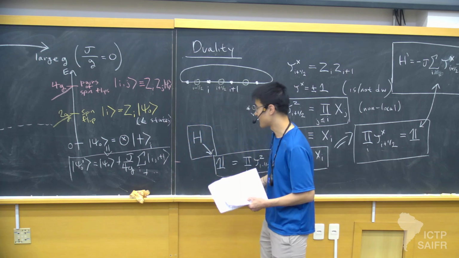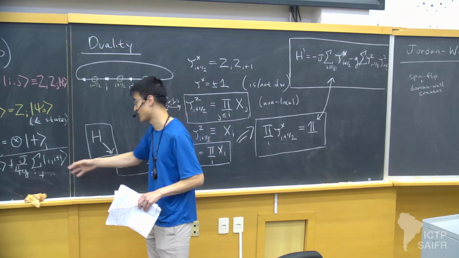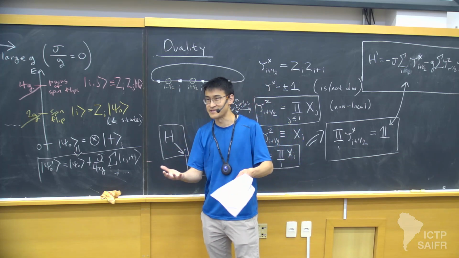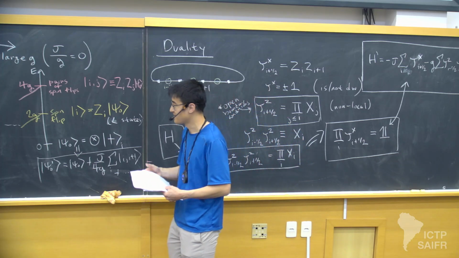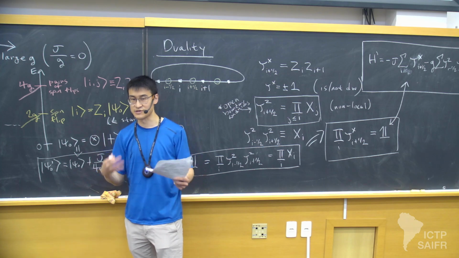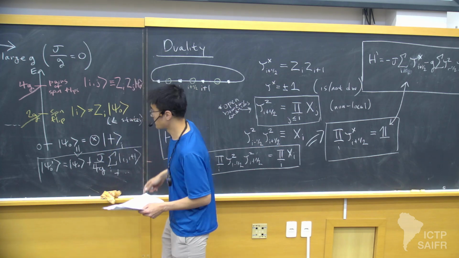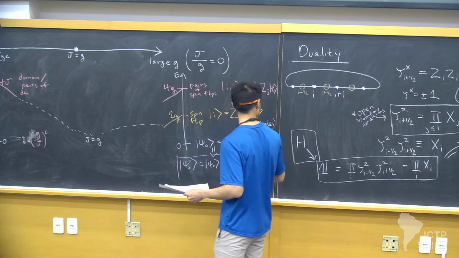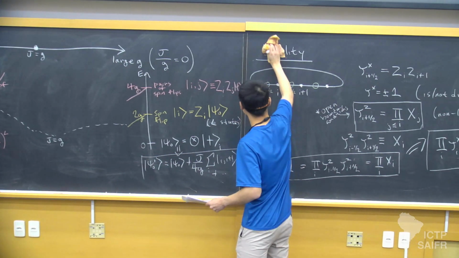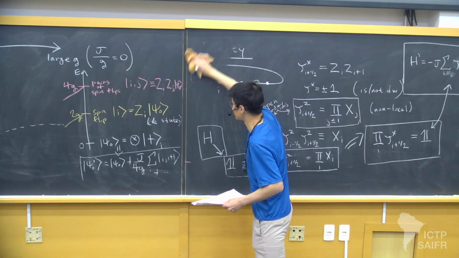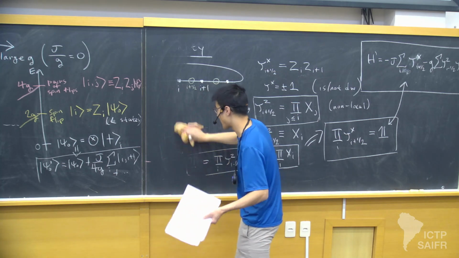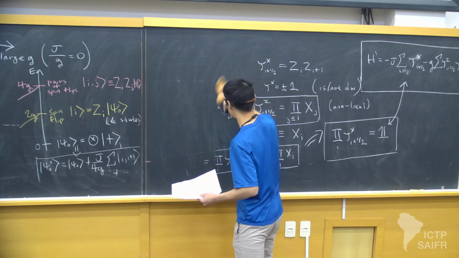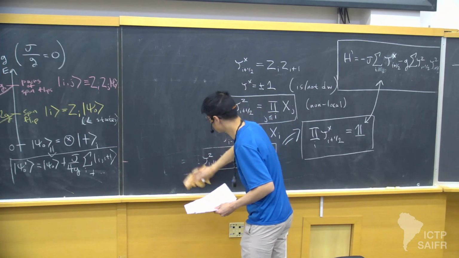Sometimes it's useful to represent these wave functions with a little bit of entanglement in a very efficient form. There's something called a matrix product state, which is very efficient at capturing low entangled wave functions.